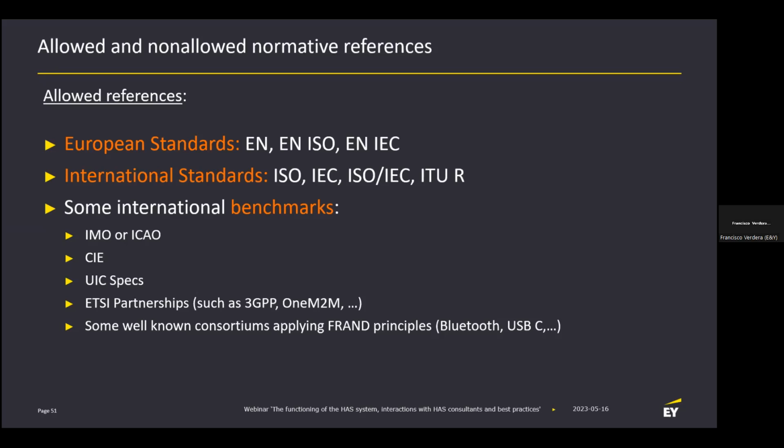Some well-known consortia applying FRAND principles, for example Bluetooth. We are all using Bluetooth, and it's not an international standard, legally speaking, according to Regulation 1025, but it's a very clear and well-known consortium that applies FRAND, so fair, reasonable, and non-discriminatory practices. So USB-C, etc. Let's go to the next slide.